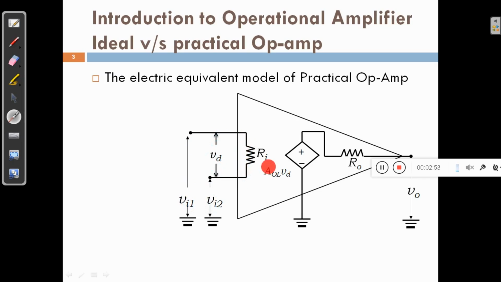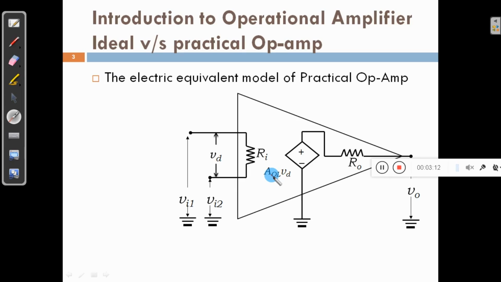Other than that, RI is called the input impedance, and this is the gain block. AOL is called the open loop gain.